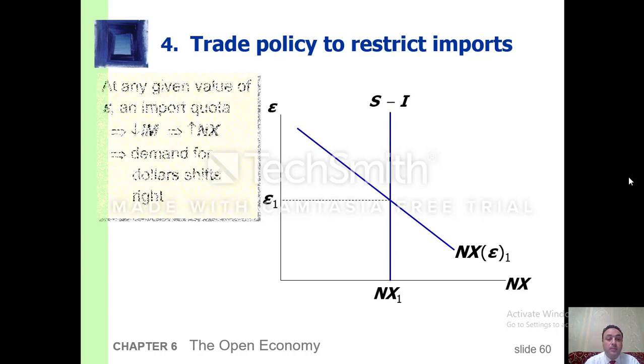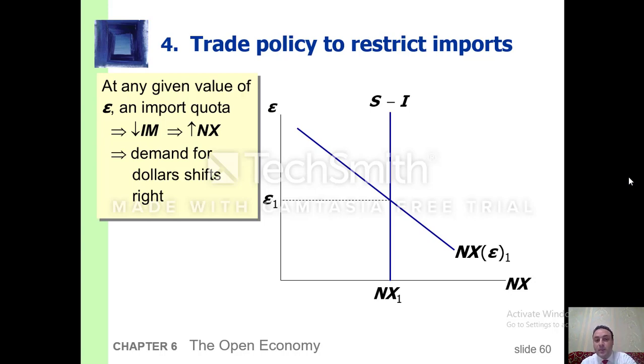At any given value of the real exchange rate, this is a new policy, so the net exports in this case don't depend on the real exchange rate. An import quota as a trade policy will decrease the imports and increase the net exports.